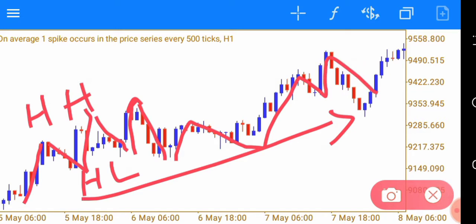So once you see this kind of setup, just know that this is an uptrend. As you can see, it's very clear, it is an uptrend.